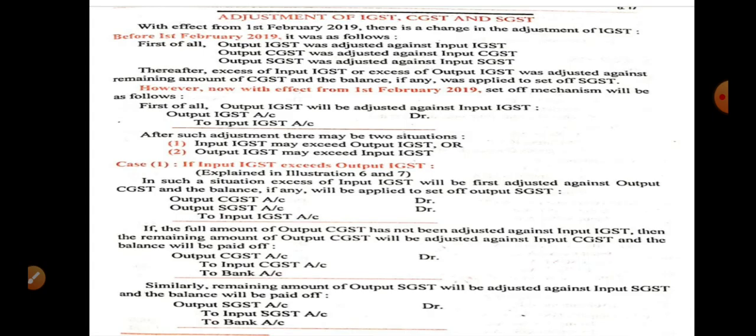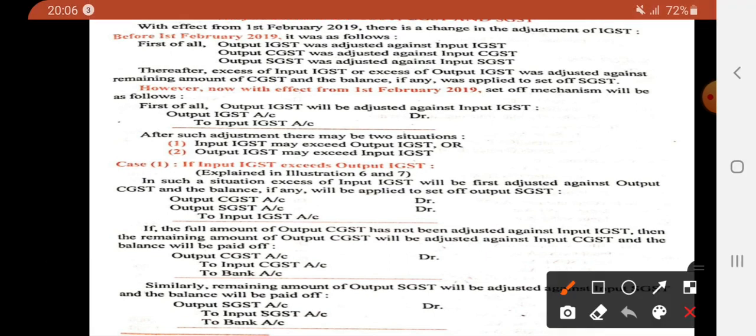Now we'll look into the adjustment of IGST, SGST and CGST. With effect from 1st February 2019, there is a change in the adjustment of IGST. Before 1st February 2019, it was as follows. Output IGST was adjusted against input IGST.